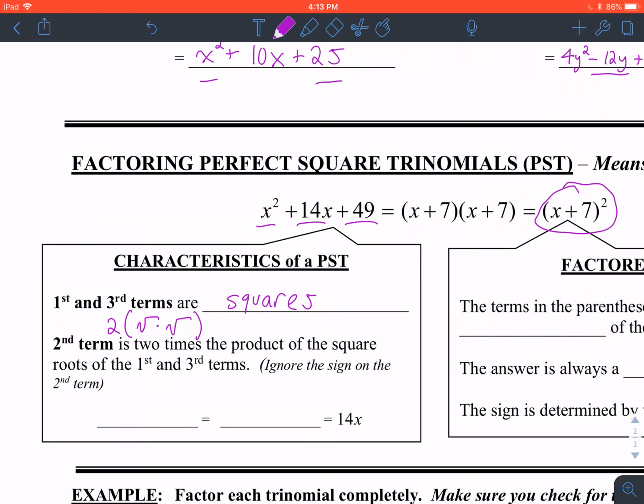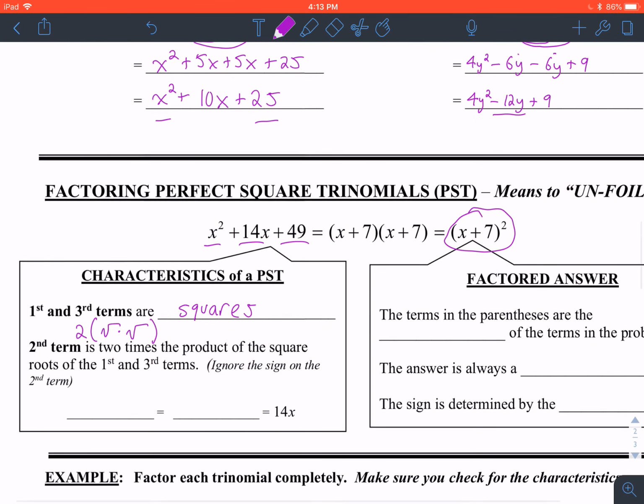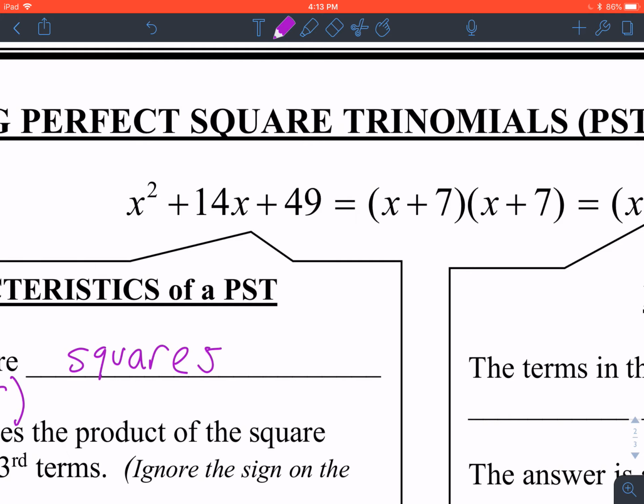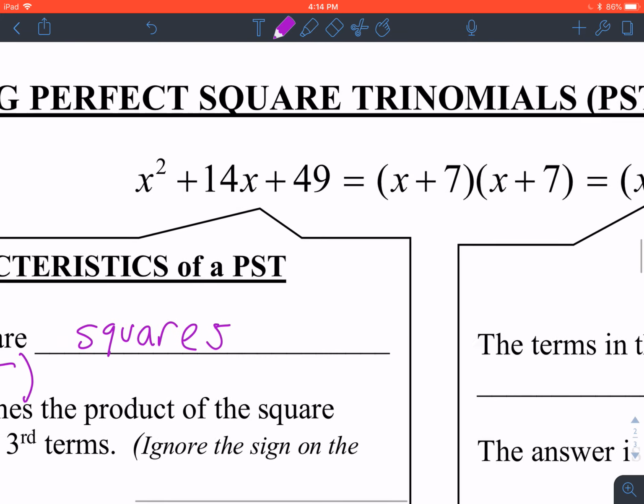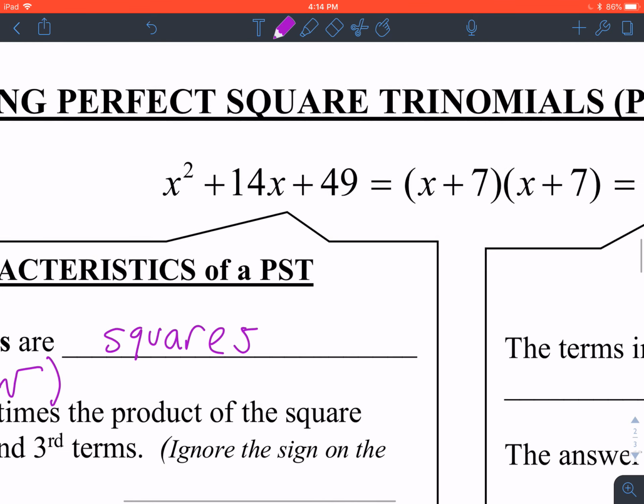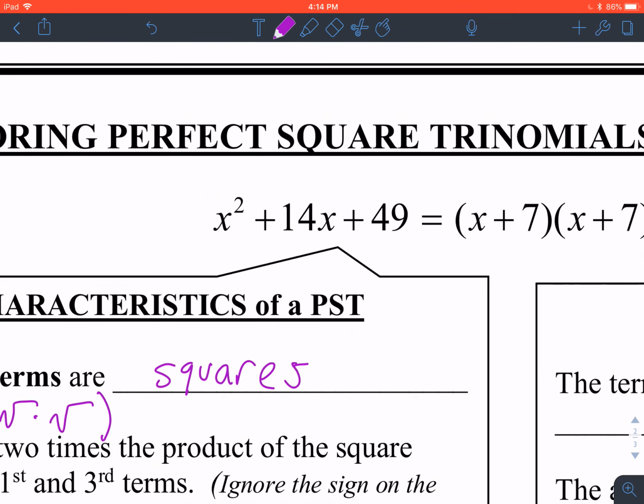So for this one, let's see here. So if we're looking at this problem right here, let me erase this stuff. So if you look right here, we have x squared plus 14x plus 49, and we have x plus 7, x plus 7. So basically, what is the square root of x squared going to be? It's going to be x, and what's the square root of 49?